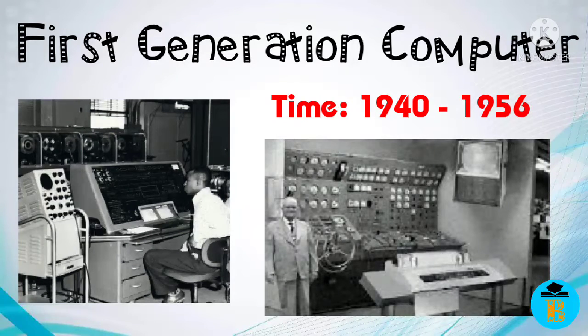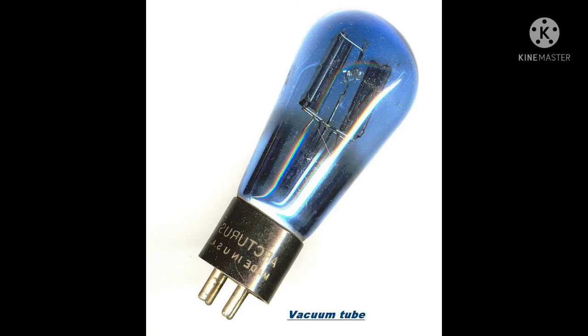Electronic time per calculation ranged from 0.1 milliseconds to 1 millisecond. They used 2 types of computer programming languages: machine language and assembly language.